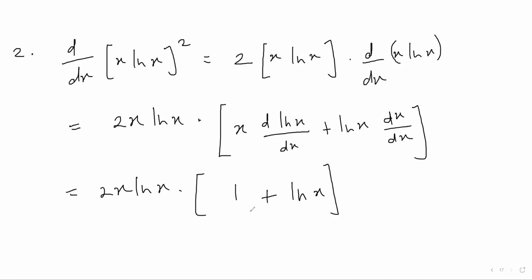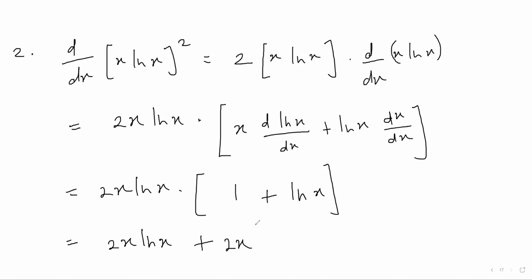Now, you can leave it like this, or you can multiply it through and get 2x ln x plus 2x. So you just multiply the 2x ln x inside the bracket. You get 2x ln x in the first term.